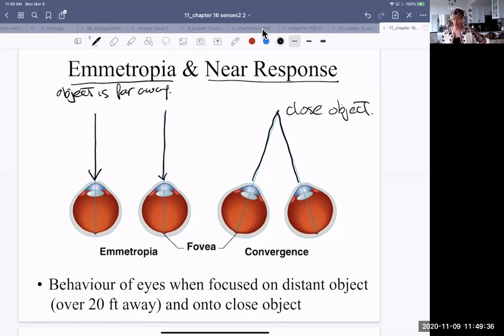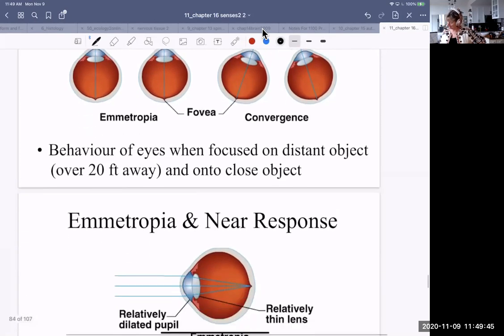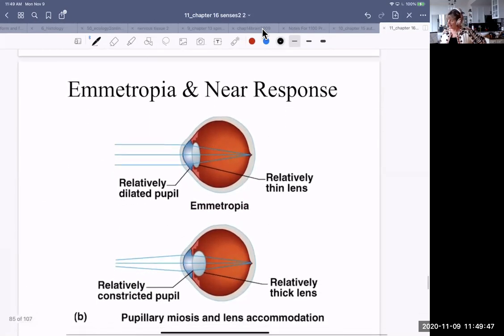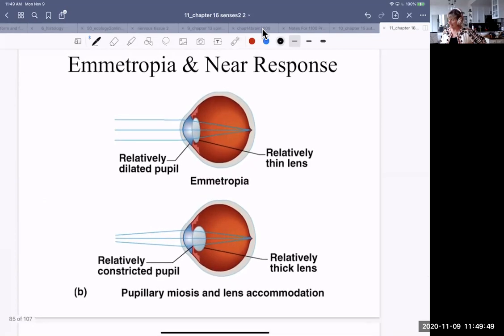A close object. And the other thing that happens is with the pupil. So with emmetropia, when something's far away, you're gaining a lot of light from the distance, and your pupil is relatively dilated.